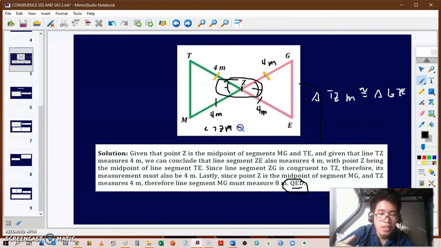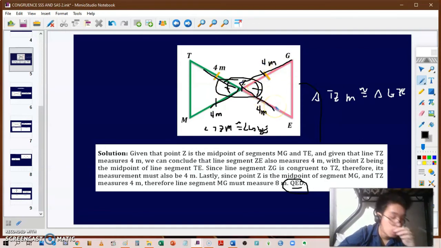They are congruent because they are vertical angles, one of the special angle pairs that we have. Since its side, its angle, and its side are congruent to the other triangle, we can conclude that triangle TZM is congruent to triangle GEZ.